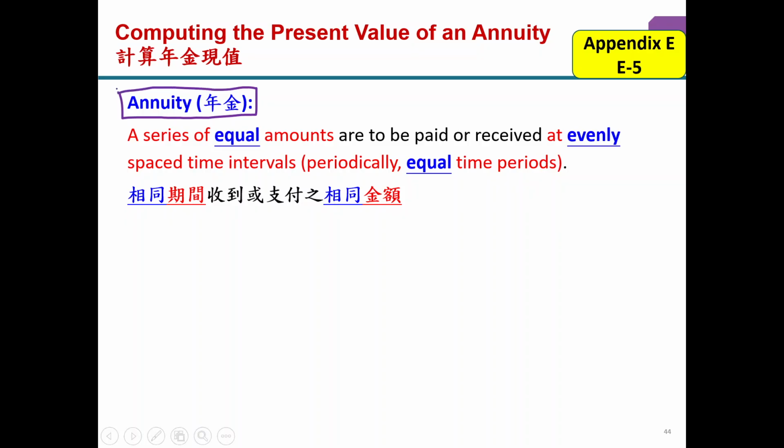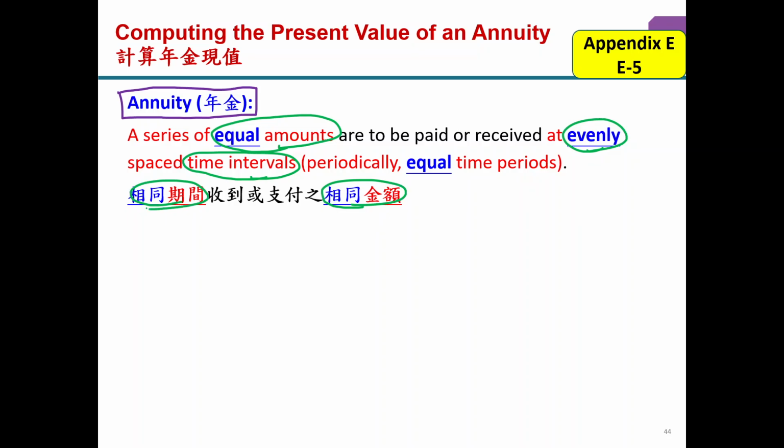So what does it mean? 年金, annuity, same amount. You have the same amount occurring during the same periods. So the number occurs not only one time, it occurs many times. But remember, we talk about only the same amount for the same period.